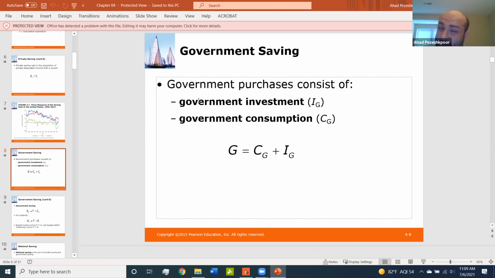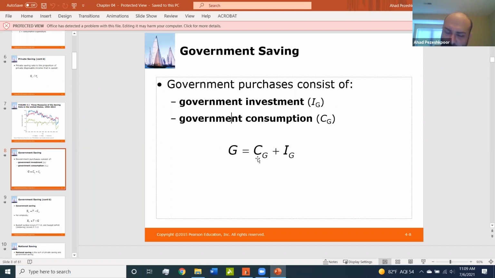Now, this looks good on paper, but it's in fact very troubling. Why? Because it goes against one of the rules of free market economics. Government investment. Why do you need to invest? That's the job of the private sector.